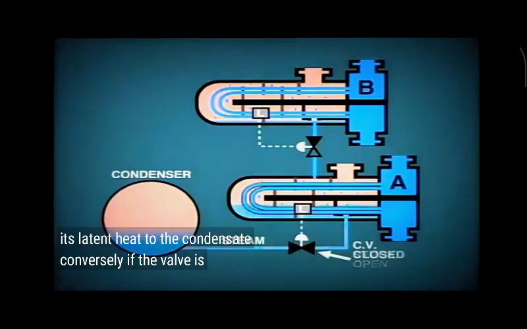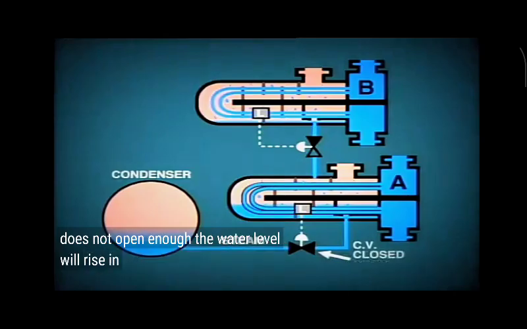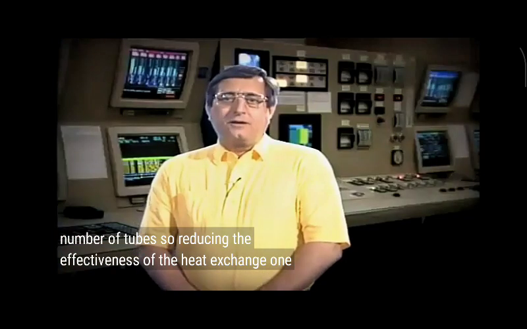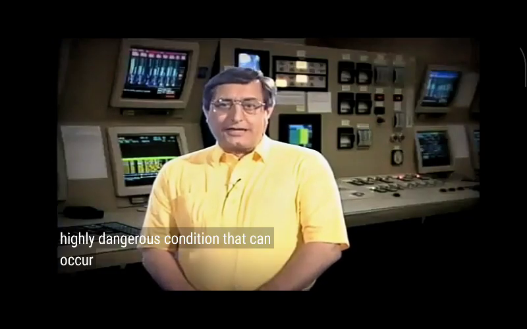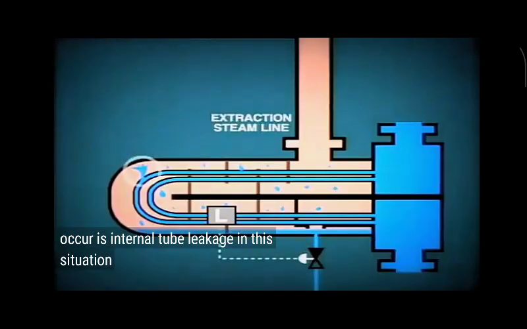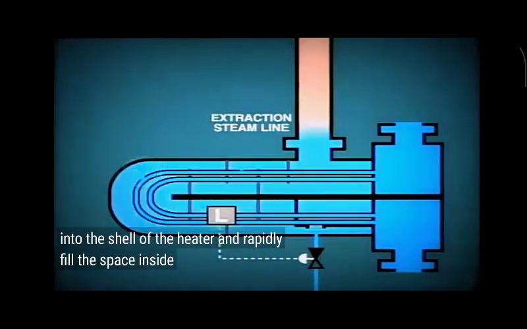Conversely, if the valve is defective and does not open enough, the water level will rise in the heater and blanket a number of tubes, so reducing the effectiveness of the heat exchange. One highly dangerous condition that can occur is internal tube leakage. In this situation, condensate could pass directly into the shell of the heater and rapidly fill the space inside.